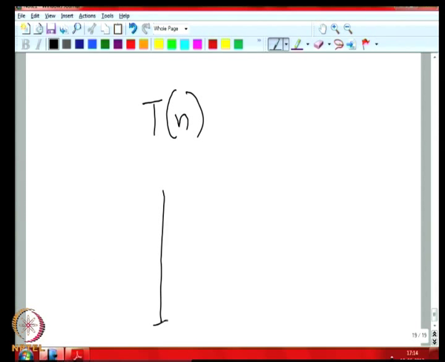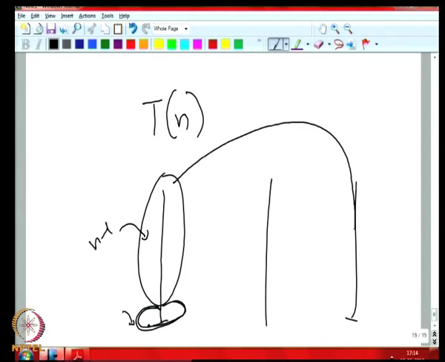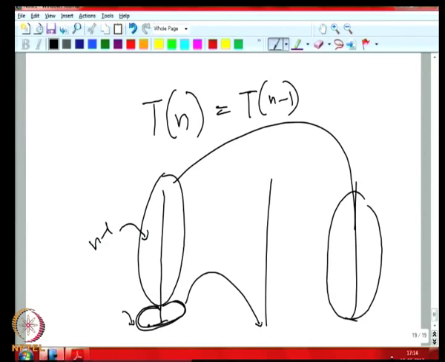It is clear that if you want to move the lowest disk, that means the biggest one, from here to here, this should be empty at some point of time, because it should go here, and all the remaining n minus 1 disks should be moved to here, right. They should be in the proper order, and this takes T of n minus 1 steps in whatever way you do, and then you can move it to here in one step, right.